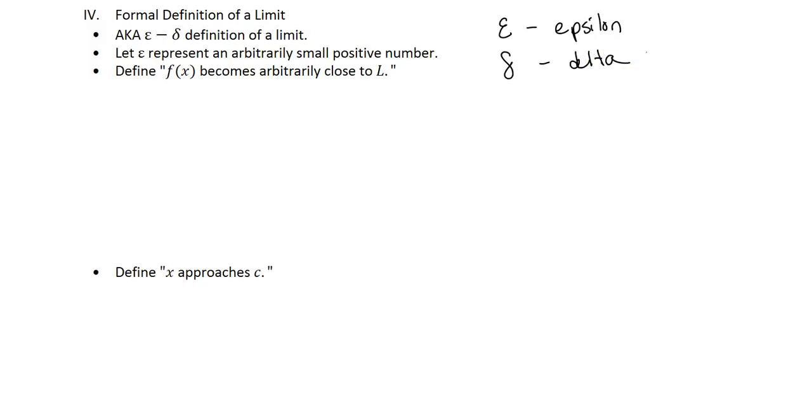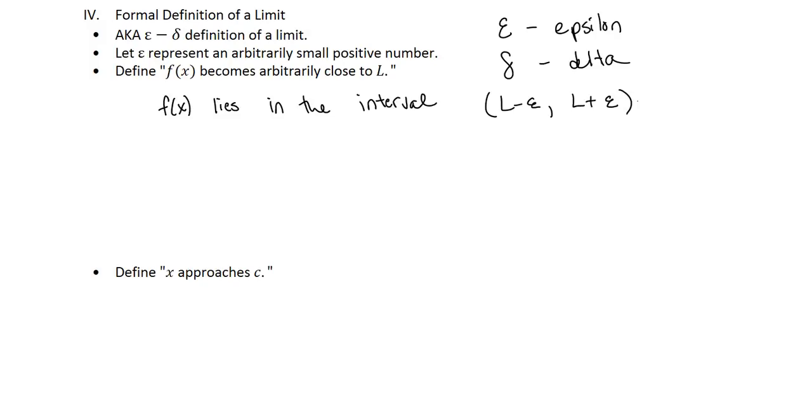So if we let epsilon represent an arbitrarily small positive number, so that's that arbitrary closeness that we talked about to L, let's define what it means mathematically for f of x to become arbitrarily close to L. So this means that f of x lies in the interval between L minus epsilon and L plus epsilon.